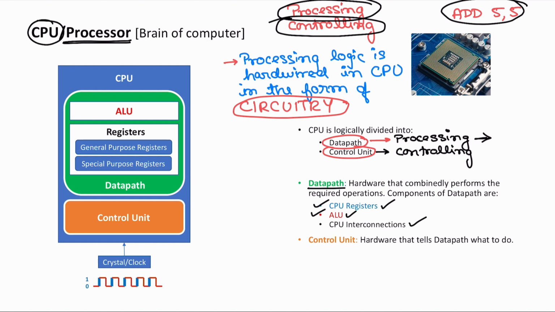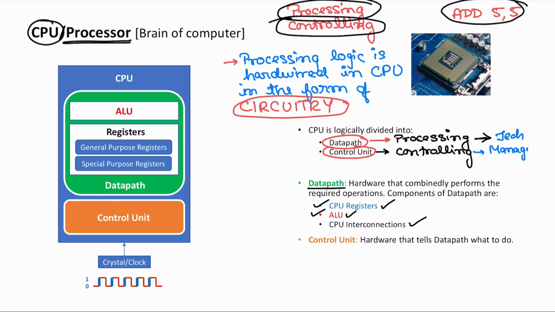Okay, let me give you a daily, corporate environment example. So in a corporate environment, we can consider the data path to be the technical team. What is the data path here? It is the technical team, whereas the control unit is the managerial team.